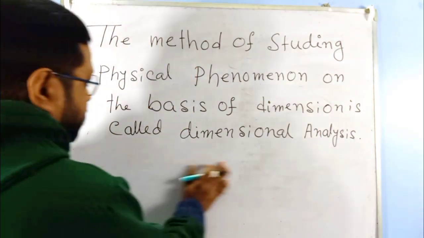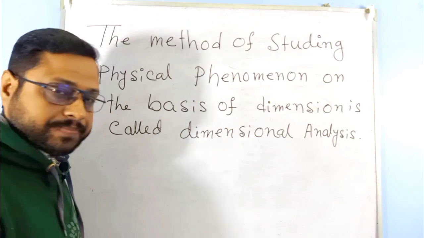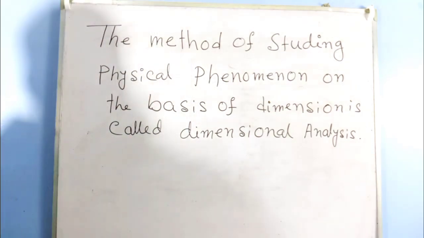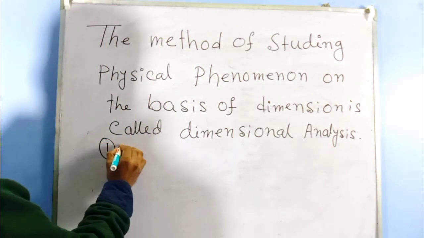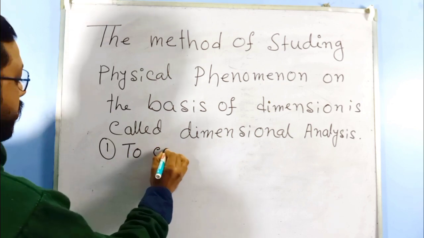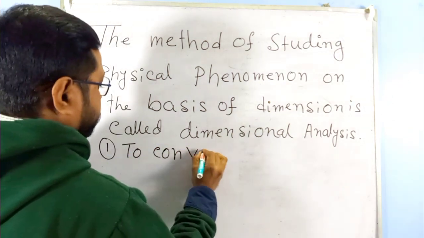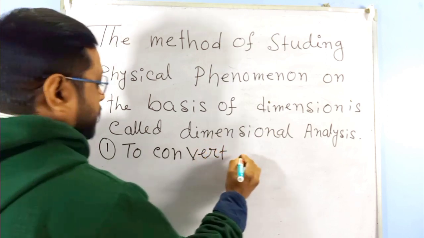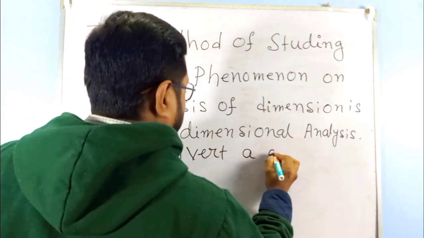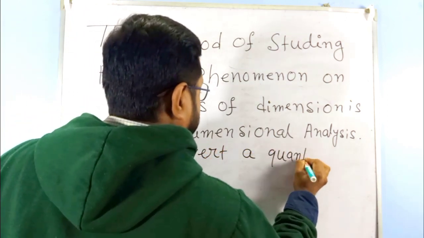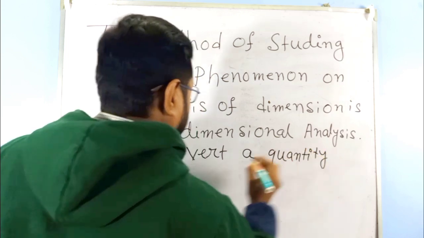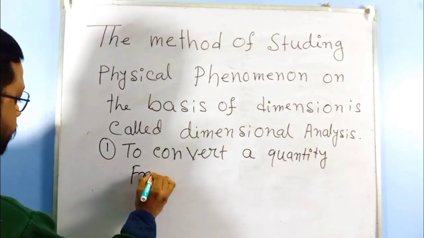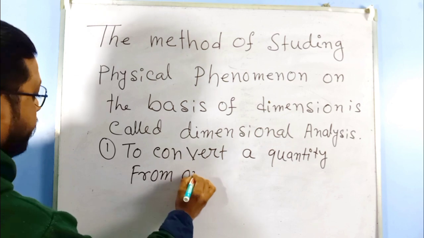So it has basically three applications. Number one is to convert a quantity or physical quantity from one unit to another.